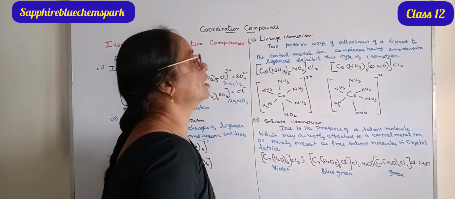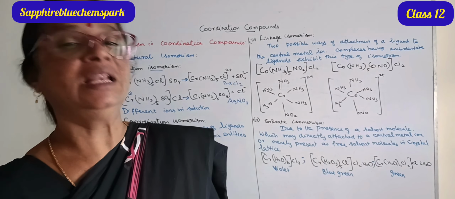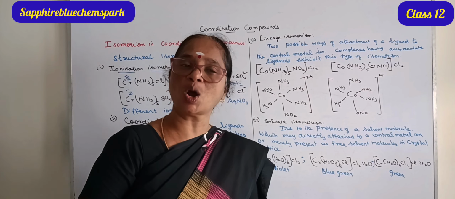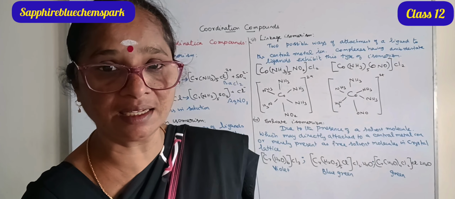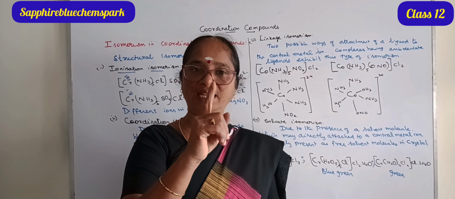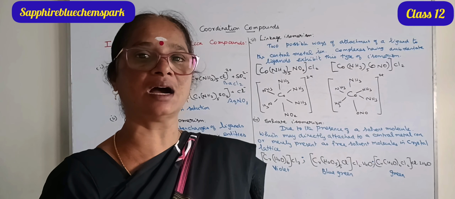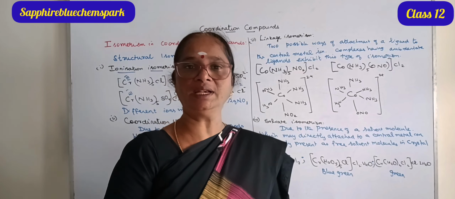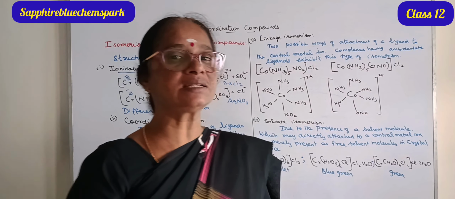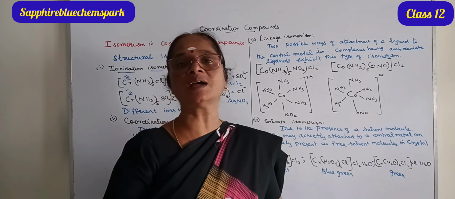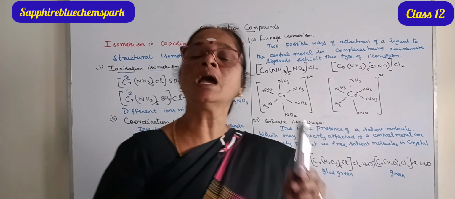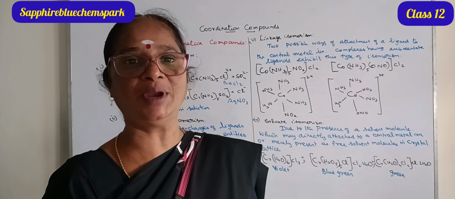The next one, linkage isomerism. Linkage isomerism arises out of the difference in the attachment of the donor atom of one of the ligands. So we know ambidentate ligands. Ambidentate ligands have more than one atom with a tendency to donate a pair of electrons to the central metal ion.